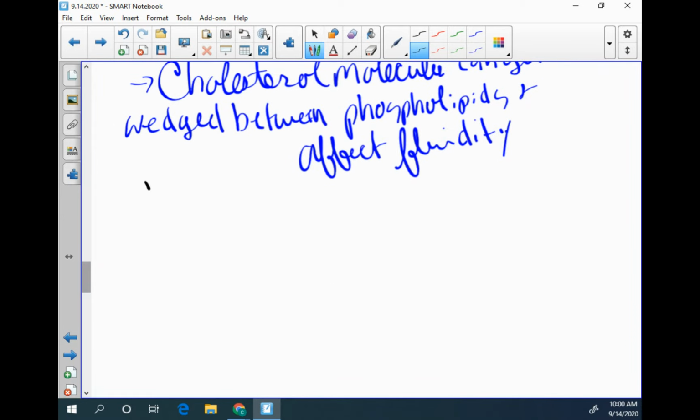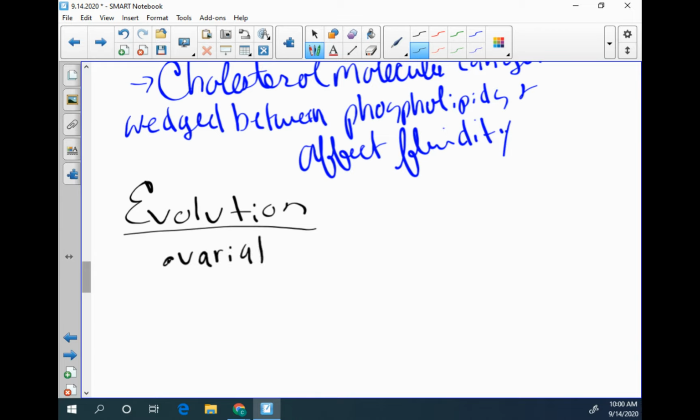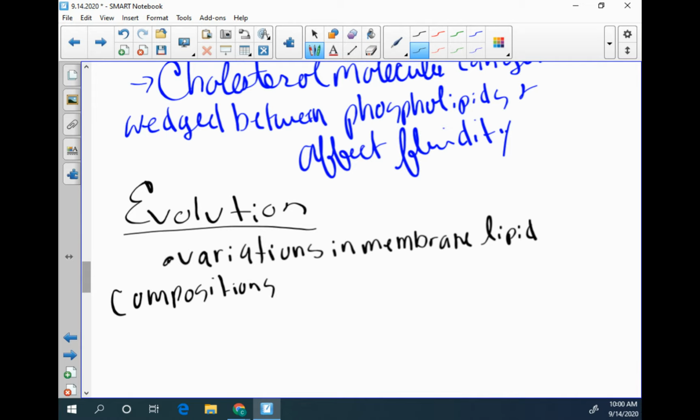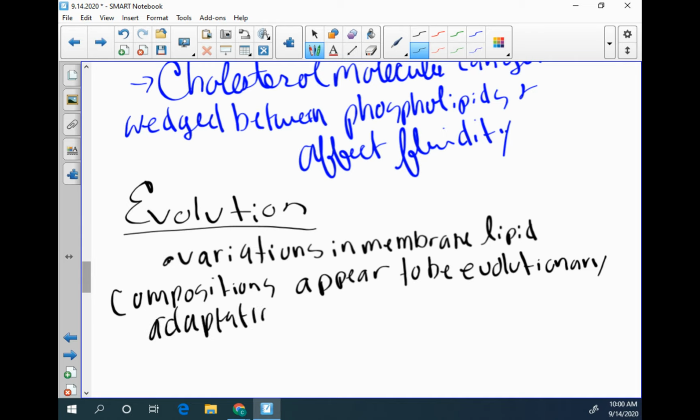So, a little evolution connection: variations in membrane lipid compositions appear to be evolutionary adaptations, just like regular adaptations work in our more traditional evolution examples.